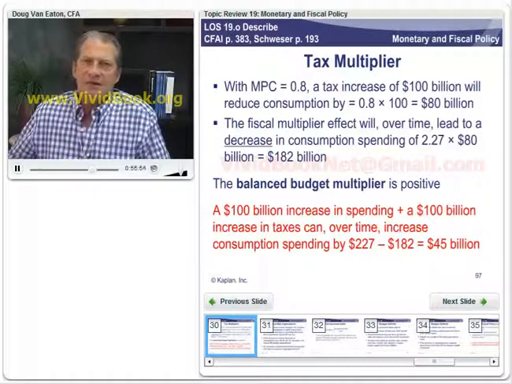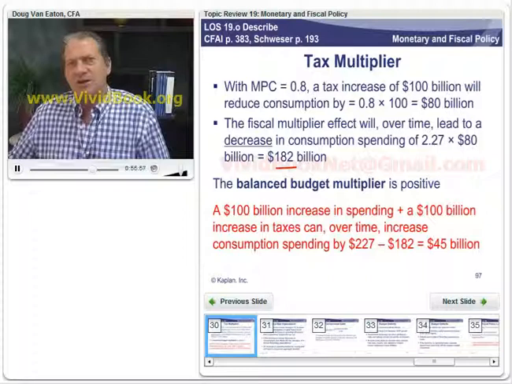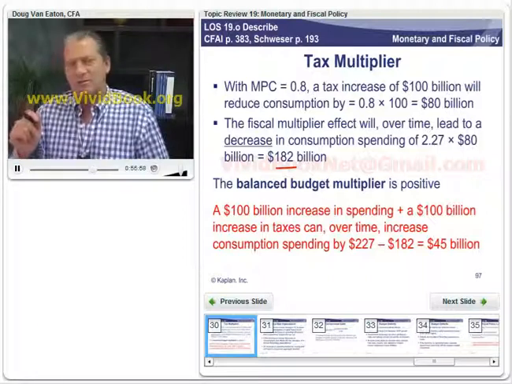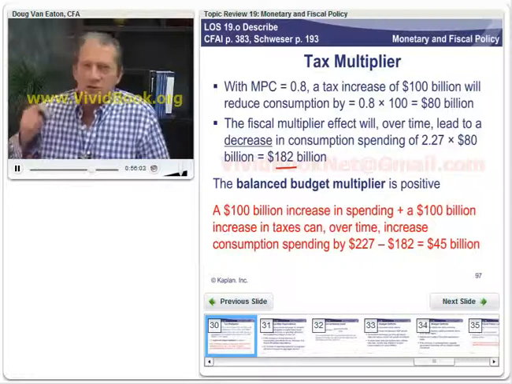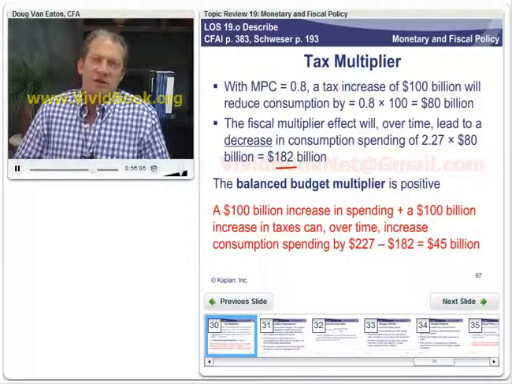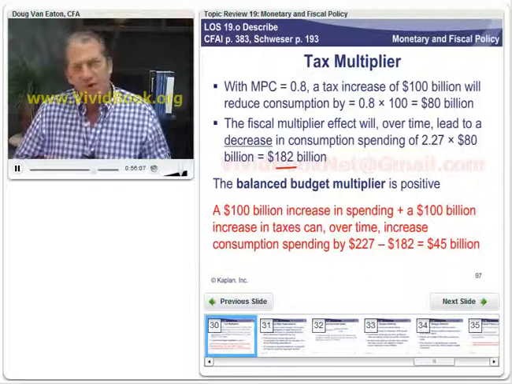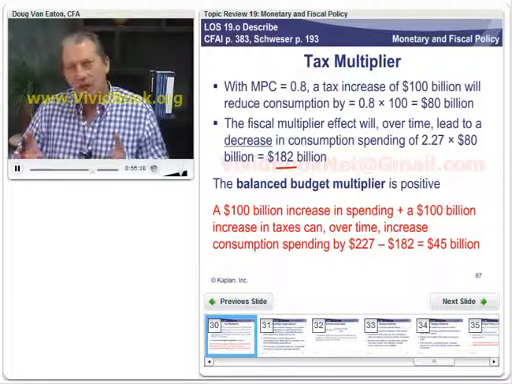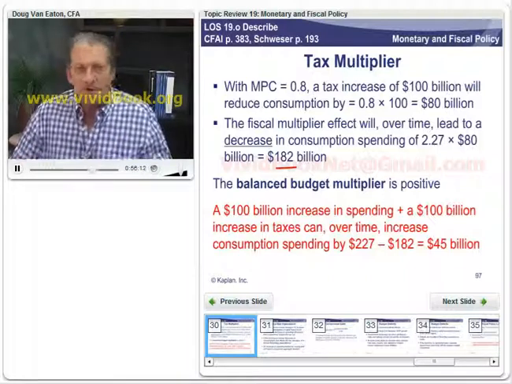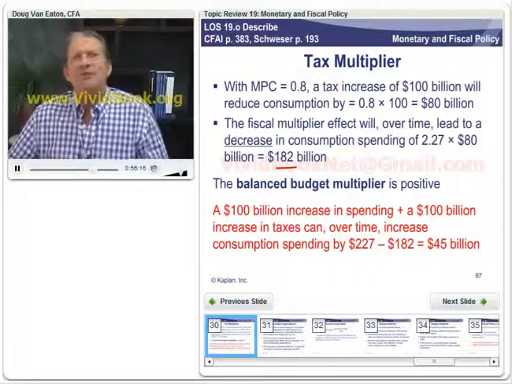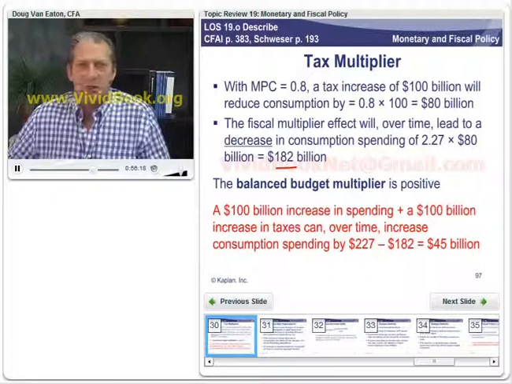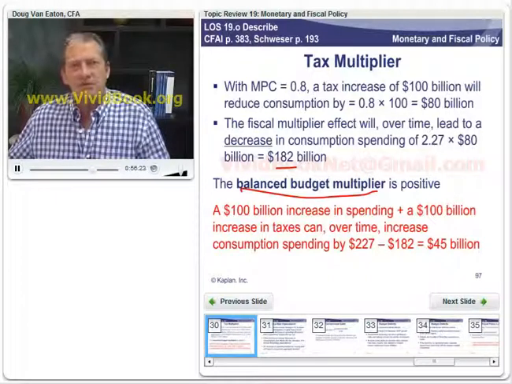So the $100 billion spending by the government, our fiscal spending multiplier, was an injection of $100 billion directly into spending. If we increase taxes to offset this spending by $100 billion, the decrease in spending is only 80. So we say that the balanced budget multiplier is positive.